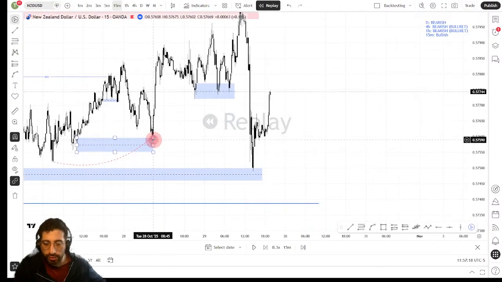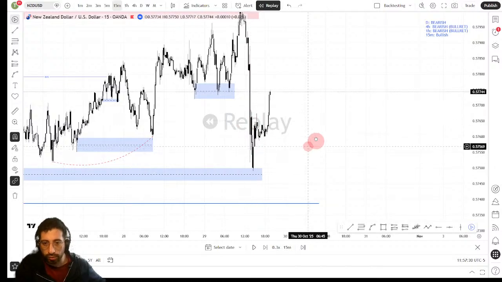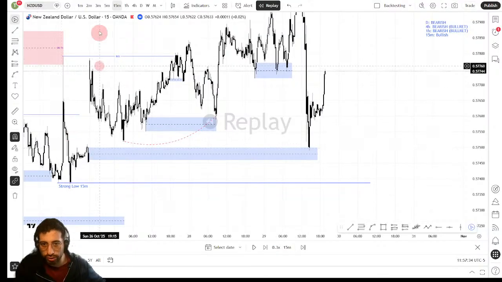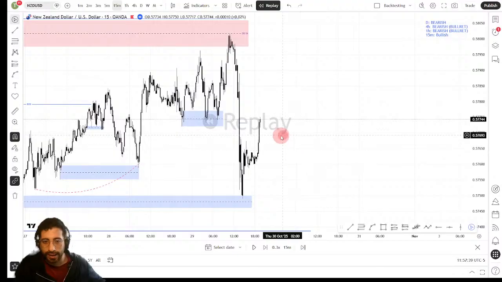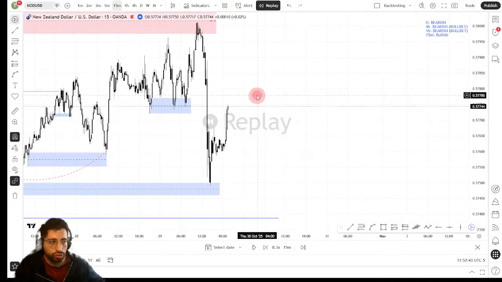The previous strong low that I put here, and the one that was here, was actually taken with a huge candlestick, candle body and candlestick, right? But more than that, it came to the previous range, which was this one, and entered the unmitigated order block. And that's why it gives me the sensation that the price will continue pushing up.